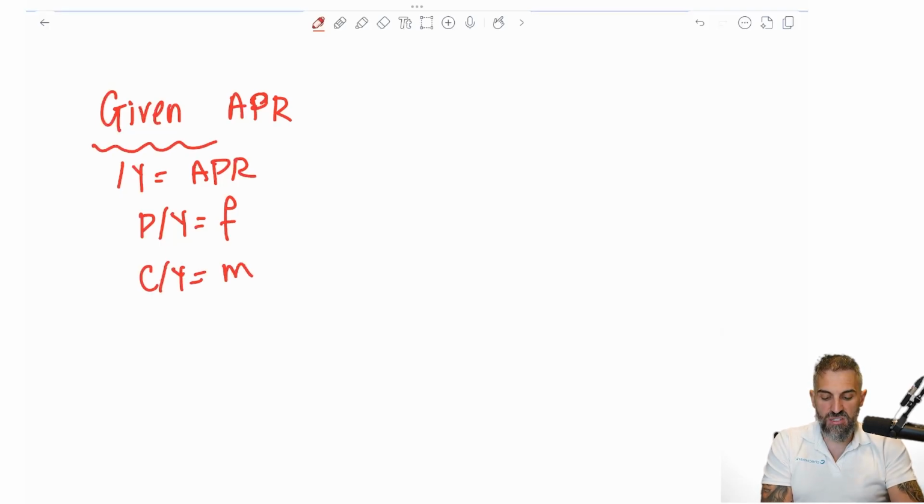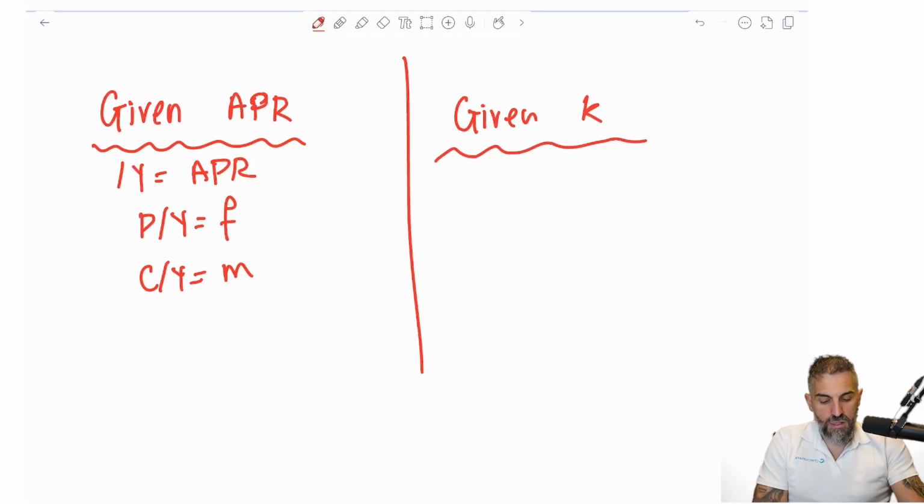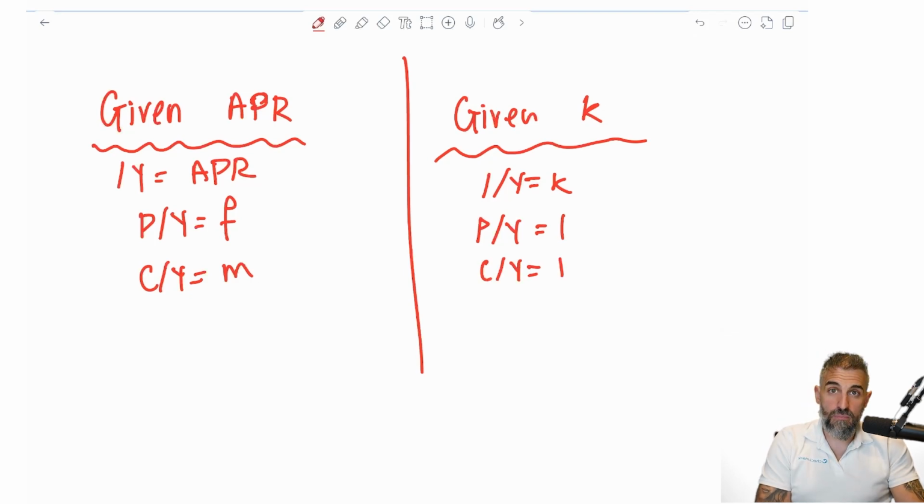That's the scenario we faced already several times. If you are given the effective rate already, so if you're already given K, then your IY is K, your PY is 1, and your CY is 1. Basically, we don't use them.